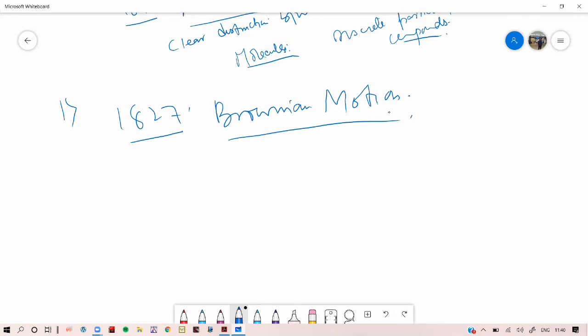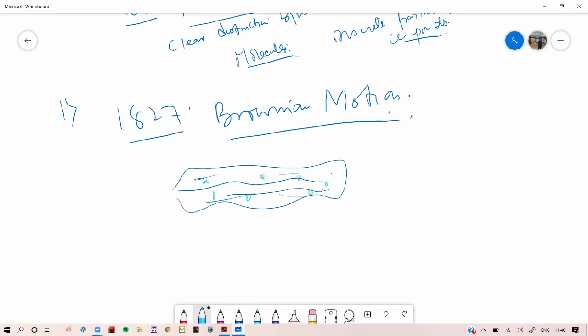Brownian motion is the phenomenon in which molecules of a gas collide with each other, and when we suspend some particles in a fluid, how these particles collide and interact with the molecules of the fluid was explained by Brownian motion in 1827.